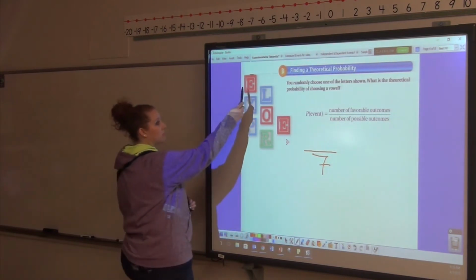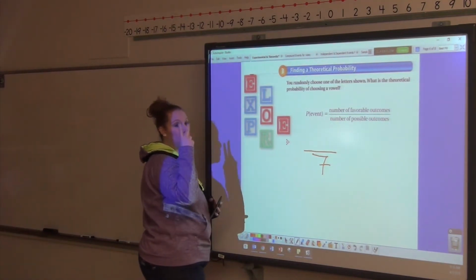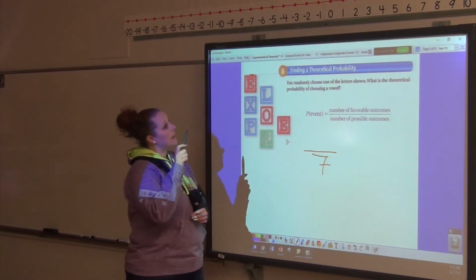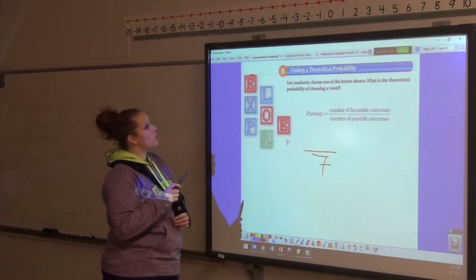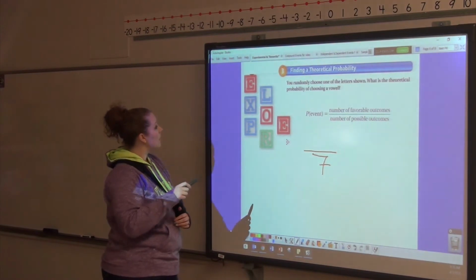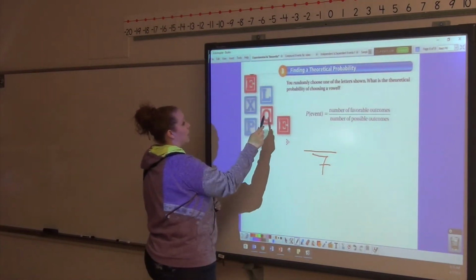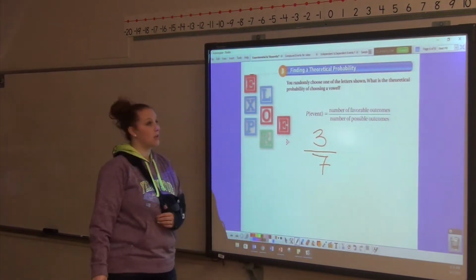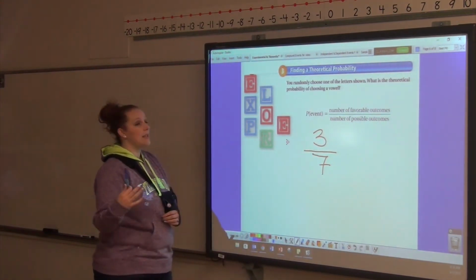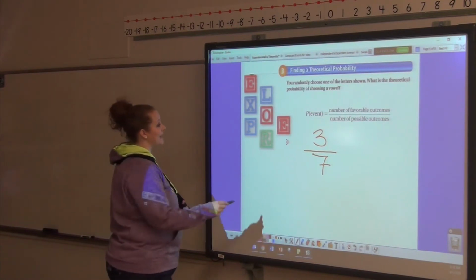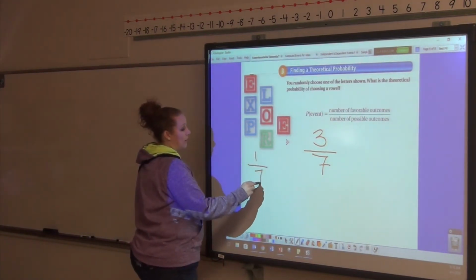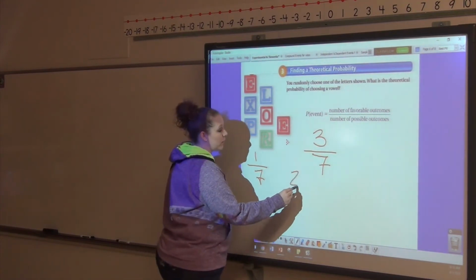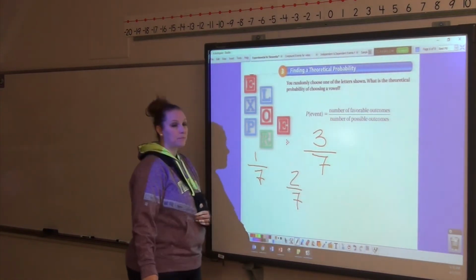I can get this E, this E, that's 2, or the X, the L, the O, the P, or the R. The vowels are E, O, and E, so it is 3 out of 7. The probability of choosing an X is 1 out of 7. The probability of choosing an E is 2 out of 7.